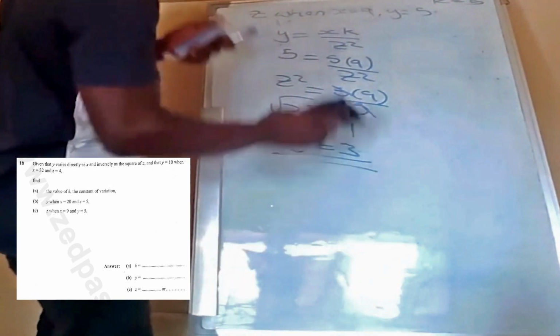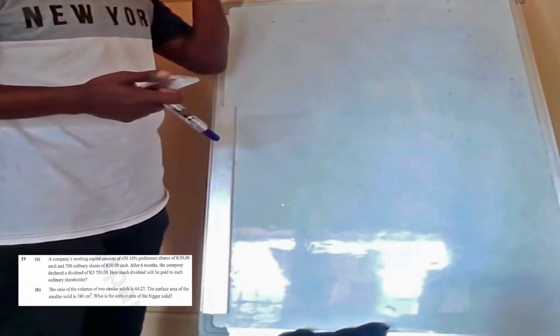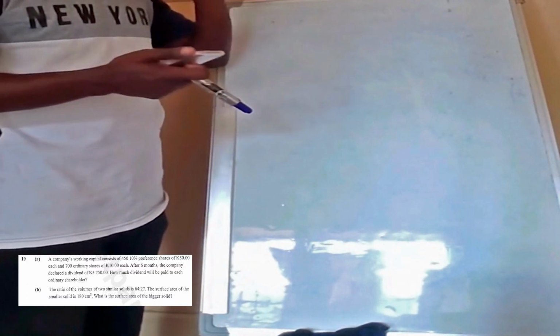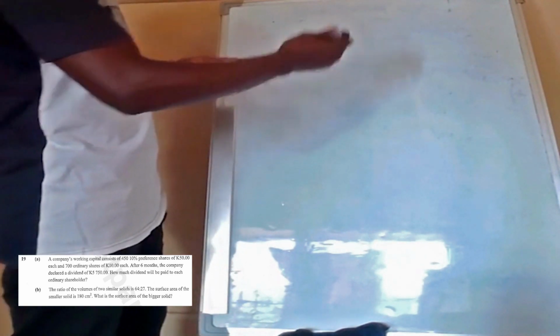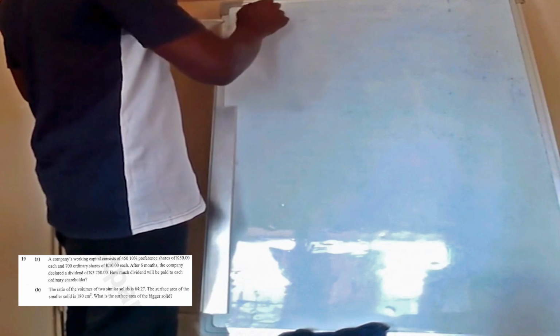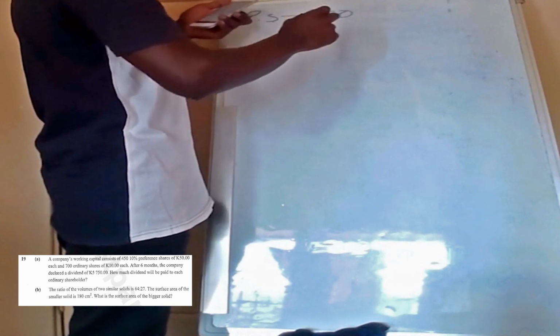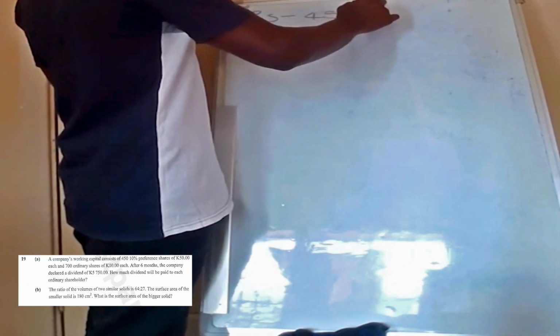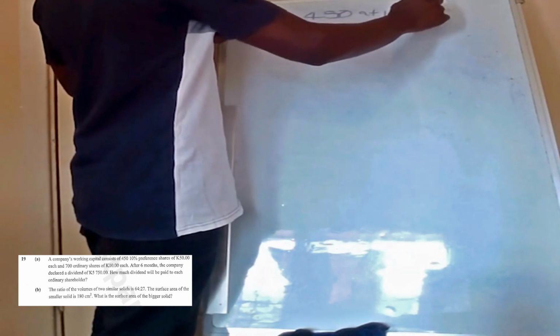We move on to question number 19. So we can look at the question and let's tackle it together. We've been told that these are preference shares, PS, of 450. They are 450 at 10% of 50 kwacha each.